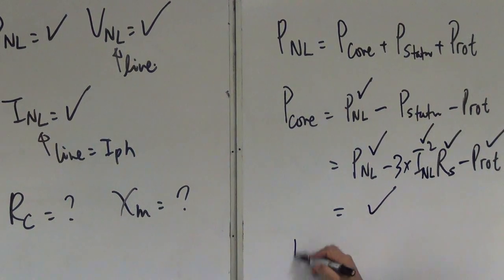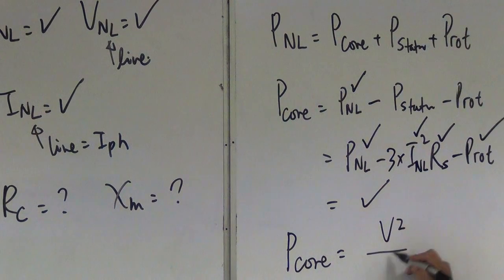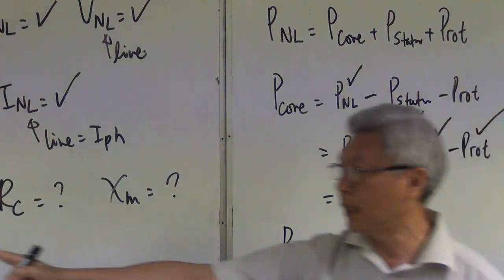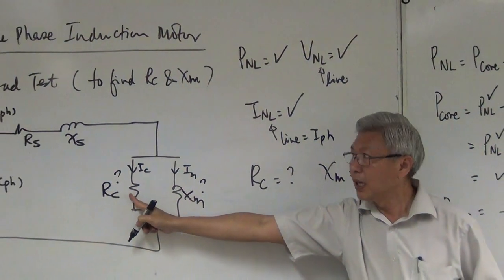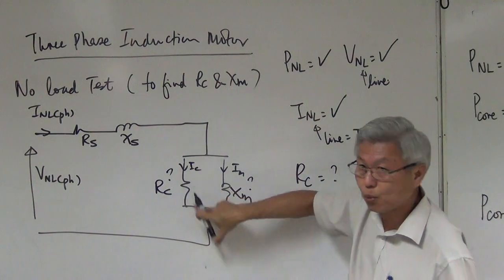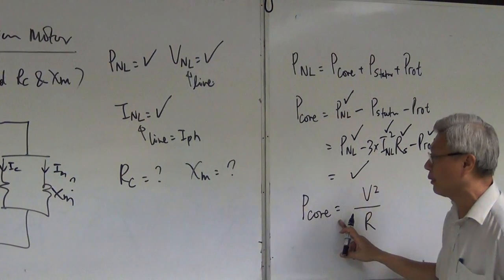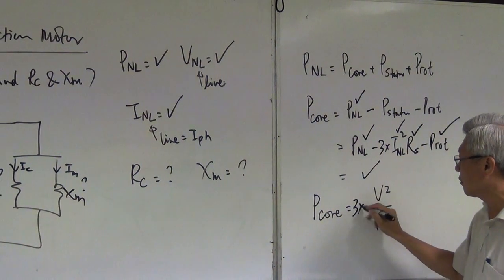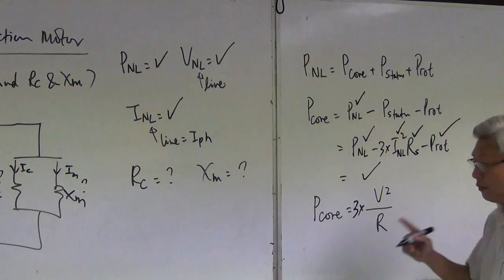Okay? Now, we say this is a parallel circuit, right? For a parallel circuit, the best method is V square on R, because the core loss power is the power that we mentioned here. So we take this as negligible. You know, this voltage is about the same as here, and we say V square on R. But this one, do you know that the core loss power must be multiplied by 3? Why multiply by 3? Because V square on R is only one phase, so it's 3 phase.